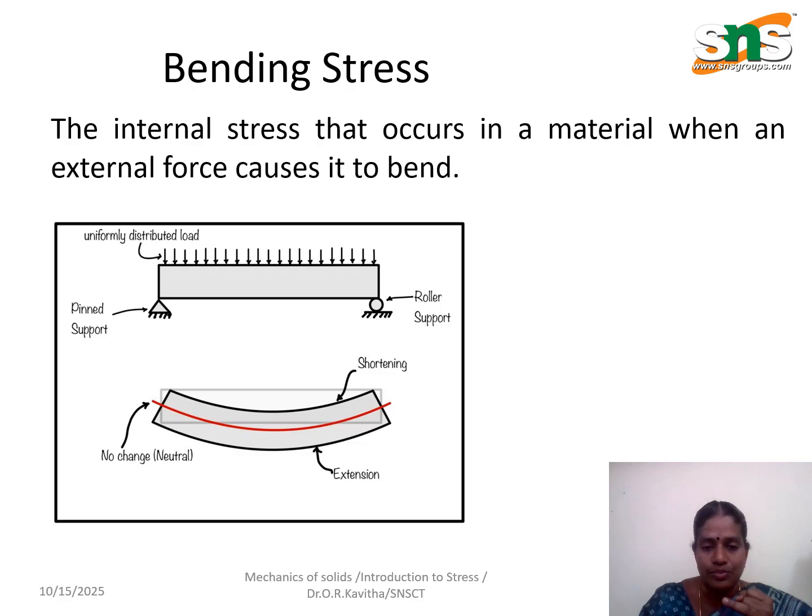Here it is subjected to the UDL, and you can see there is bending. Due to this bending, internal stresses are created within the material. This type of stress is called bending stress.